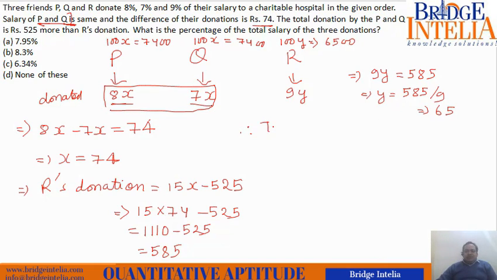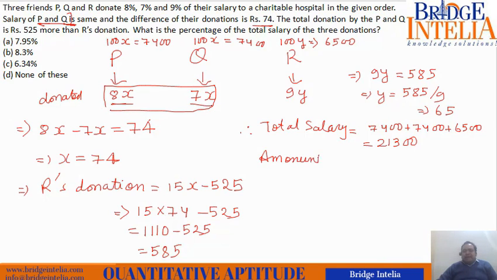Therefore total salary of these three people: 7400 plus 7400 plus 6500. So that is equal to 21300.